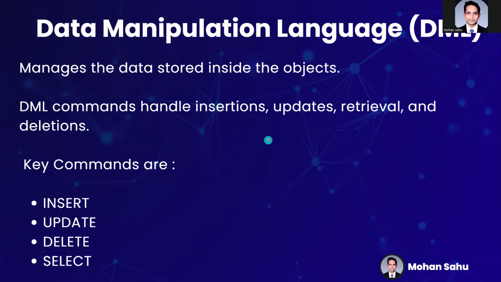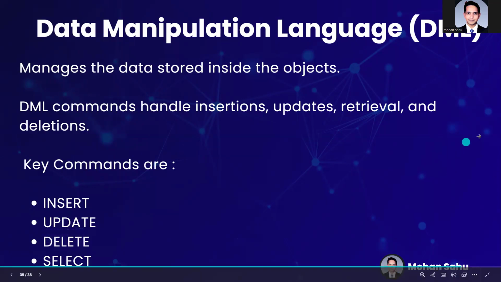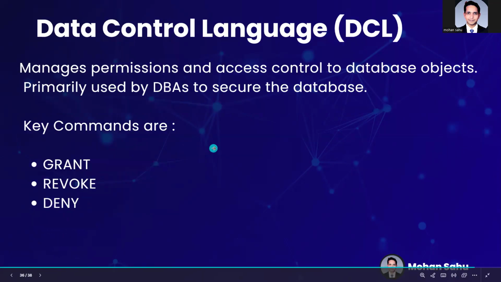Earlier, DDL works with the schema or boundaries only and does not work with the data, but in case of DML, it works with data directly. So data manipulation language or DML commands handle insertions, updates, retrieval, and deletion. So we have four main commands inside this DML, which is insert, update, delete, and select.